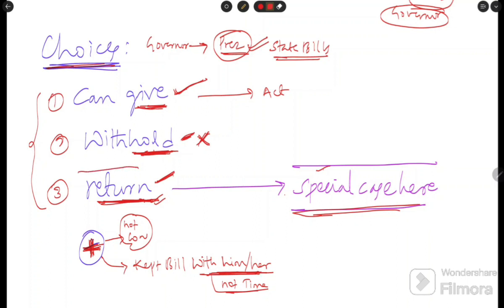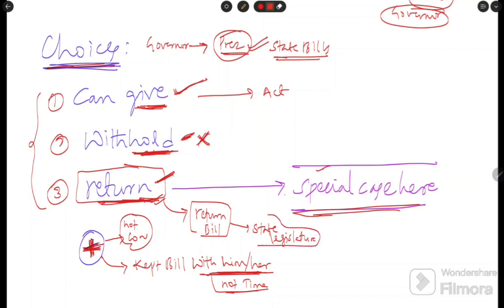Now come to the return part. What is that return? When the president returns the bill, where does this bill go? Again to the state legislature, that is the Vidhana Sabha and Vidhana Parishad.